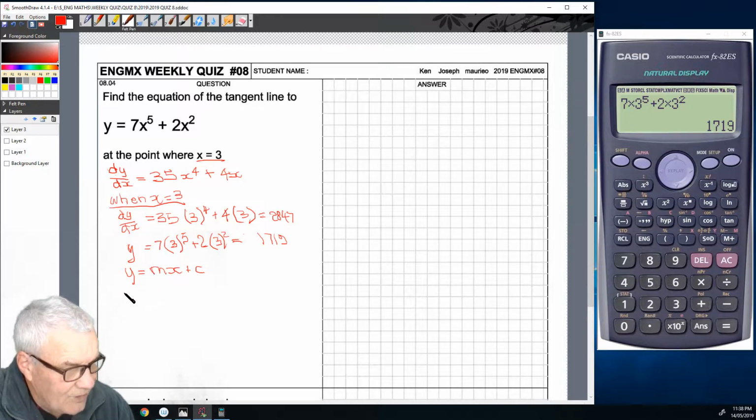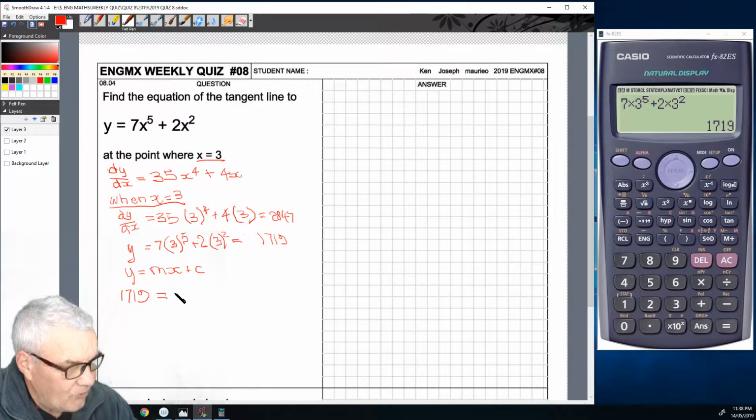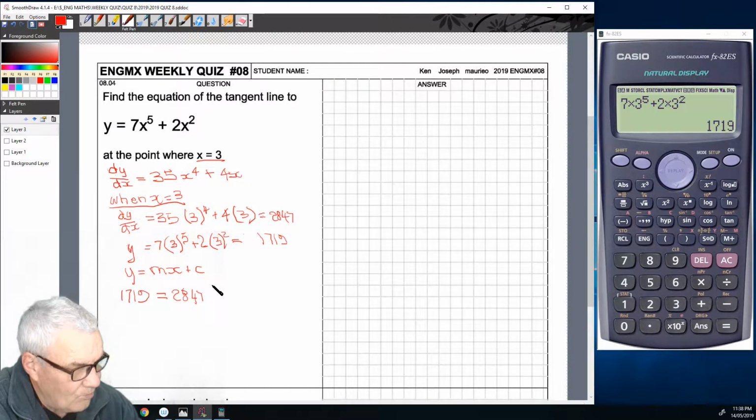So now we can fill in here. y is 1719, because we want to find the equation, and so we need to know what c is. 1719 is y. m is 2847. x is 3, remember, because it's when x is 3, plus c.